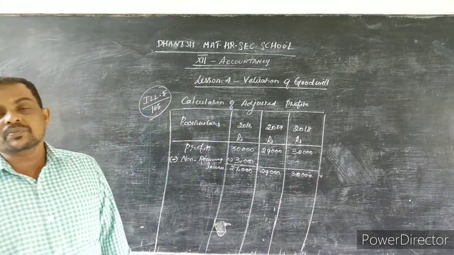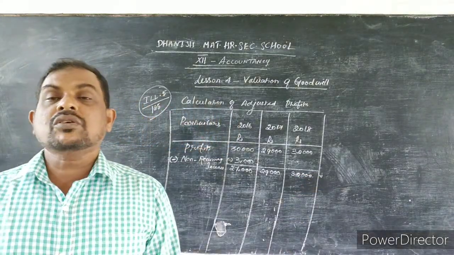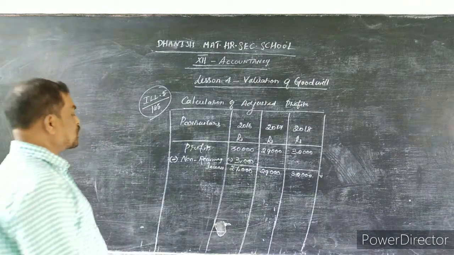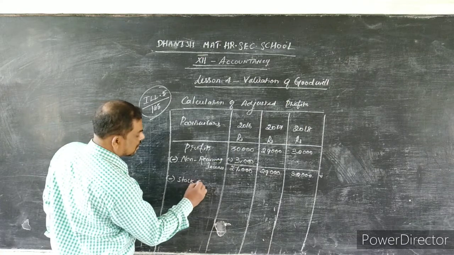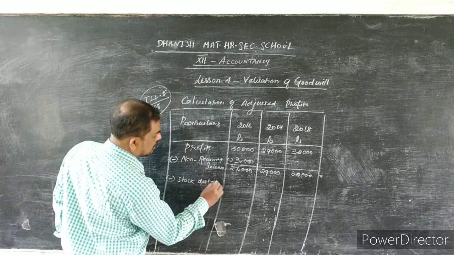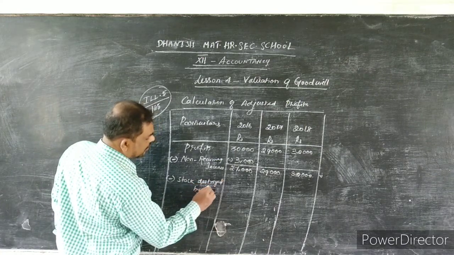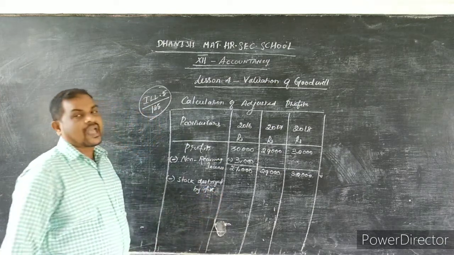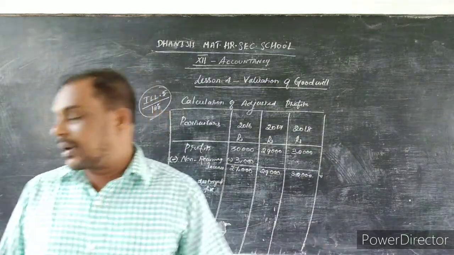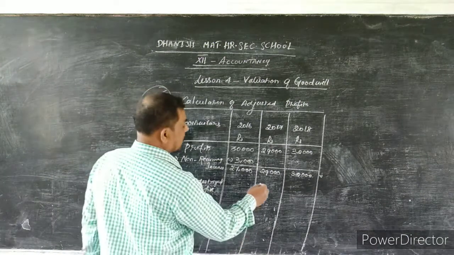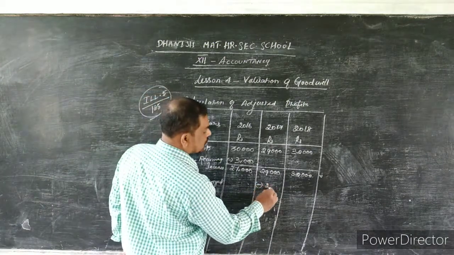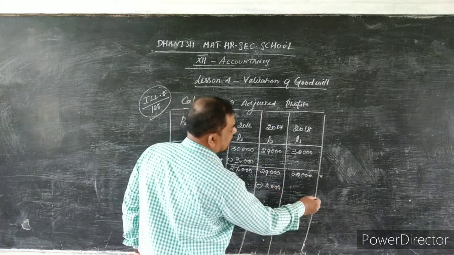What is the second adjustment? Stock destroyed by fire, that should be adjusted. This amount they have wrongly deducted from the profit of a particular year, which is 2017, rupees 2,000. So in 2017, 2,000 rupees they have wrongly deducted.